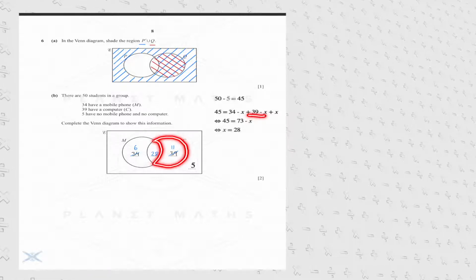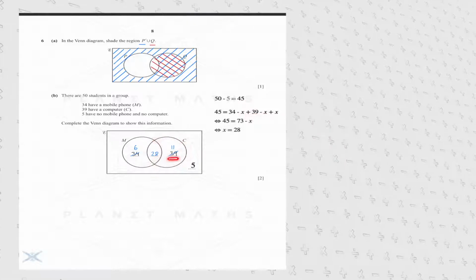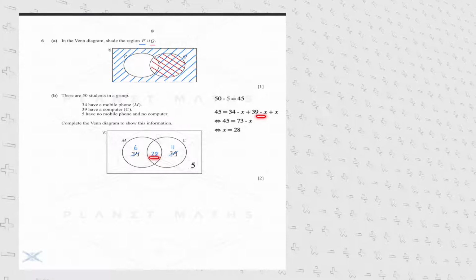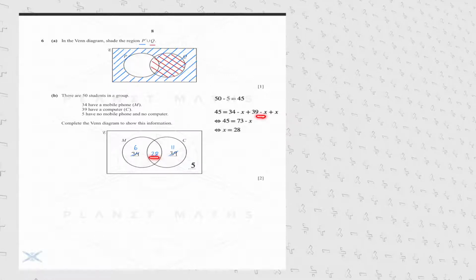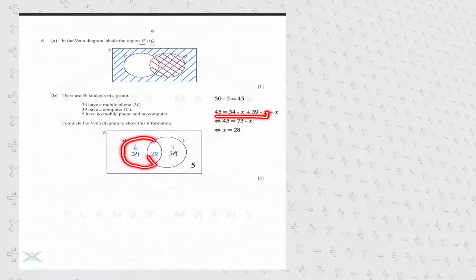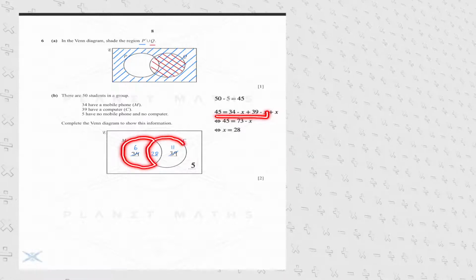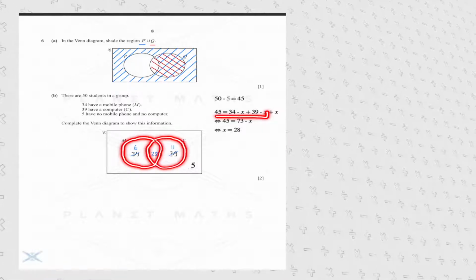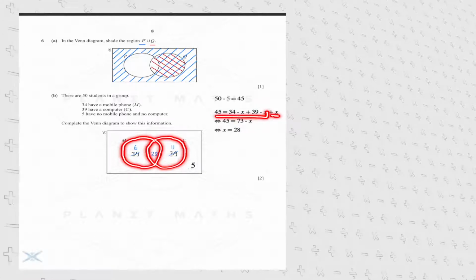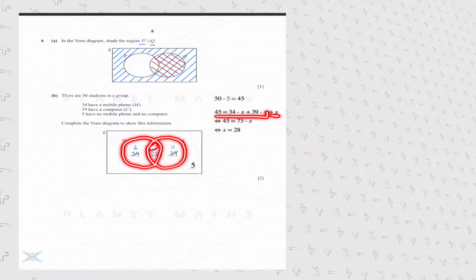Therefore, 39 minus x, we know for sure that 39 possess a computer, but we need to take away the number of those that we still don't know who possess a mobile phone at the same time. Since until this stage we have just represented everything that is M but not C, or C but not M, we need in a final step to make this equation work with the unknown number who possess both of those devices, which is this one.